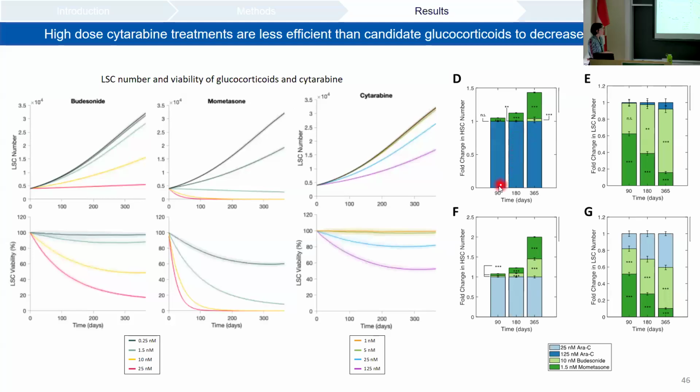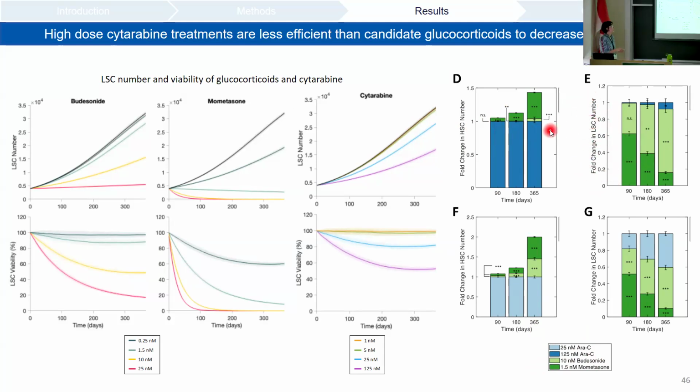And what we did is that we normalized to the value here of the HSC that was remaining for a high dose of cytarabine. And here, same as here, but for leukemic stem cells.